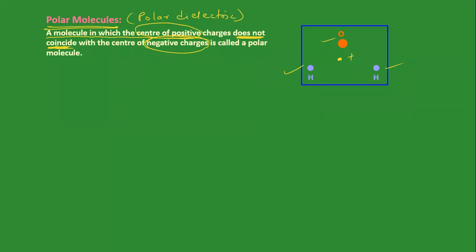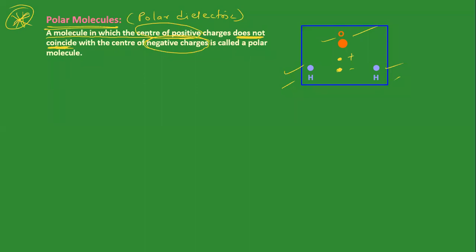In a similar manner, every atom has electrons, meaning oxygen and the hydrogen atoms have electrons revolving around the nucleus. The center of all the negative charges may be at a different point, at this point. And if these two centers are not coinciding, then that molecule is called a polar dielectric molecule or polar dielectric.